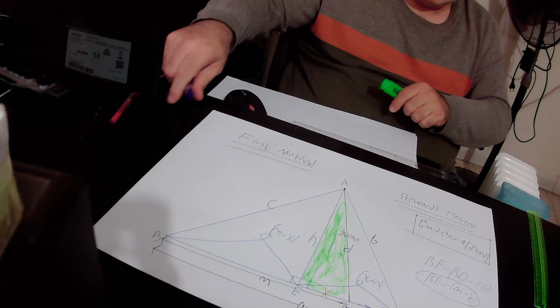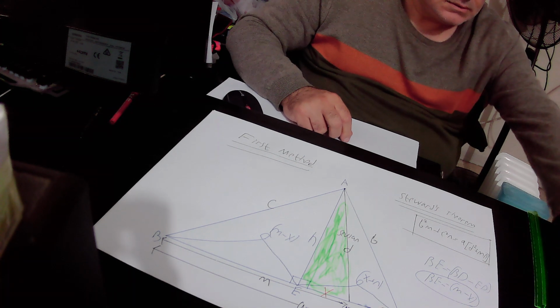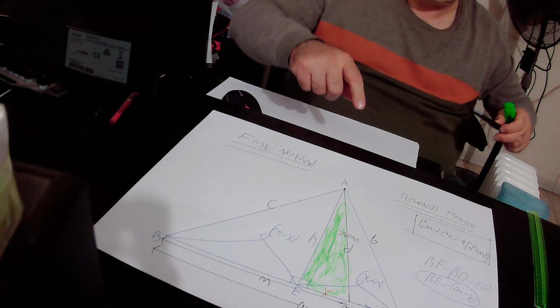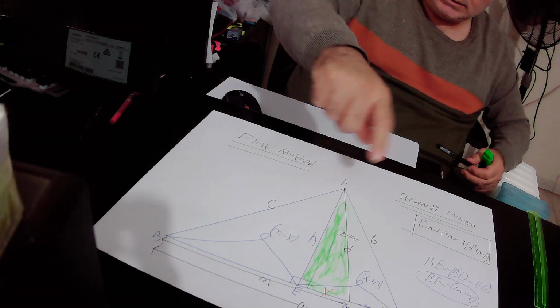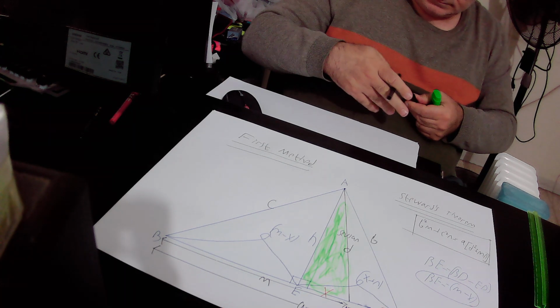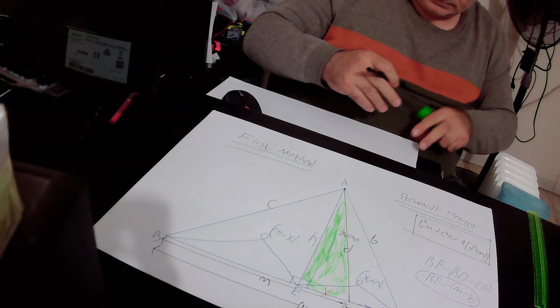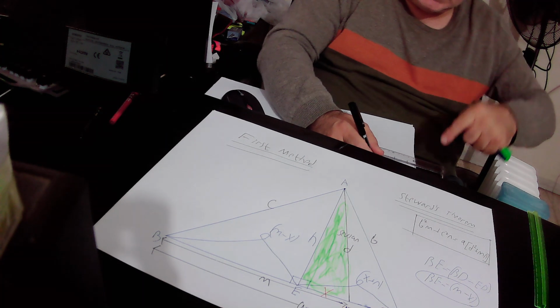So, the hypotenuse in this right triangle AED is AD. Therefore, the square of the hypotenuse is AD squared.